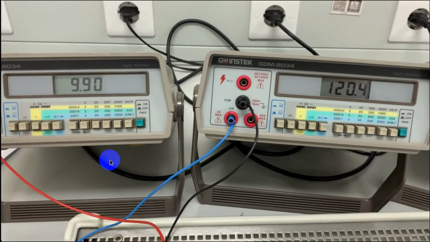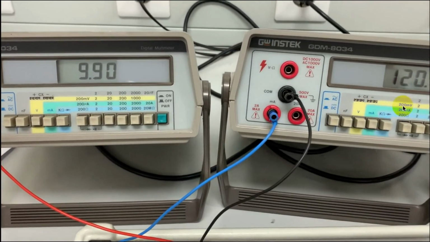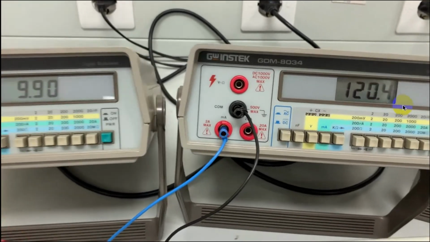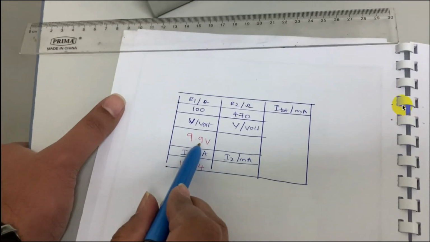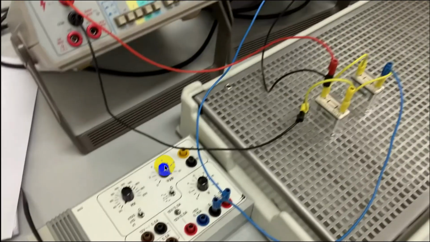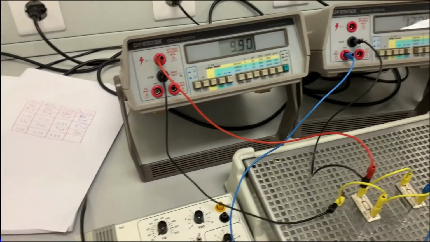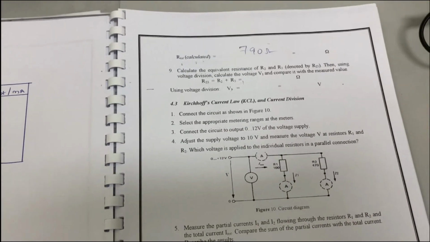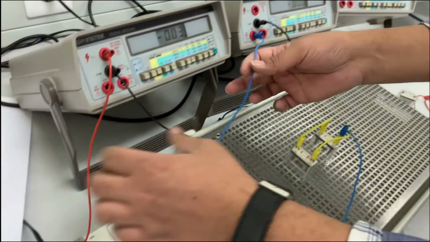So let us tabulate these values in tabular form and make sure we connect the second ammeter. Sorry, it is not 120 here. So I will make the correction.